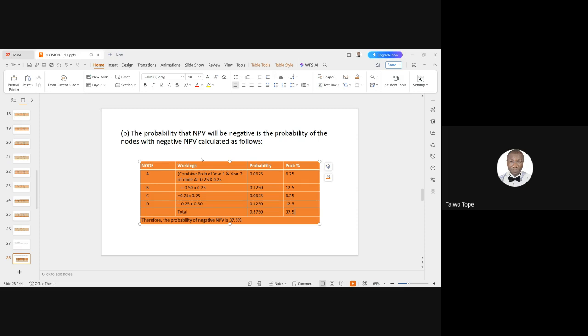The rule is that when two events occur together, you multiply. Because they are linked, the rule is we multiply.